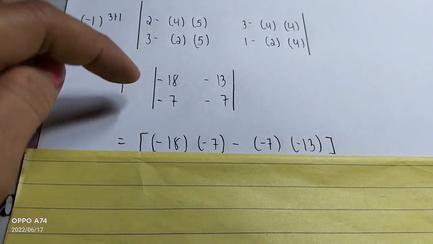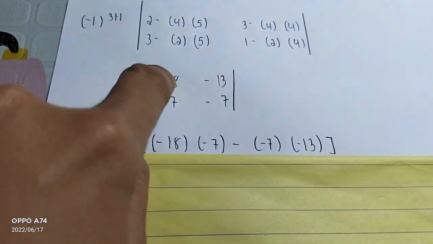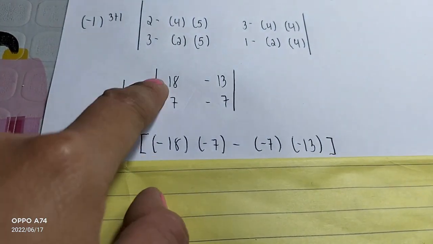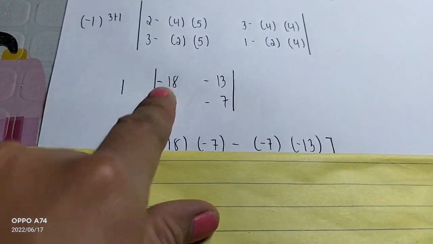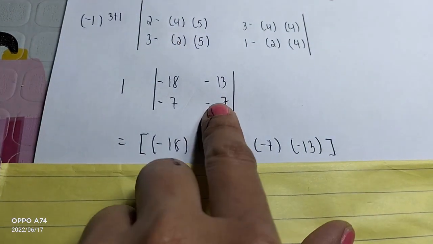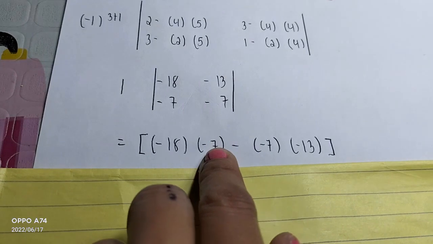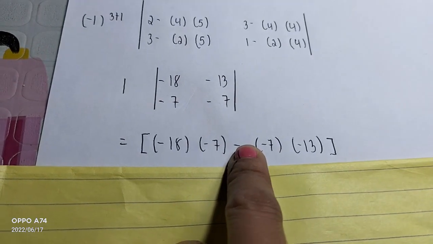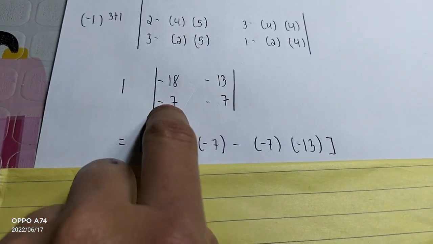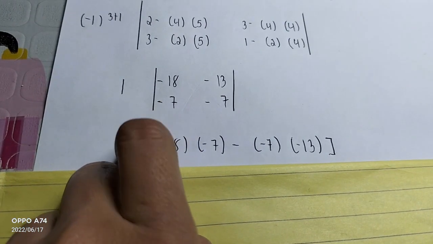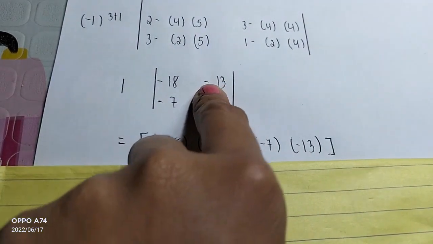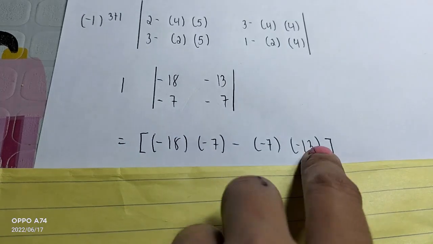So here, we will cross over. It will be like this. So, the quantity of negative 18, and the quantity of negative 7, minus the quantity of negative 7 multiplied by the quantity of negative 13.